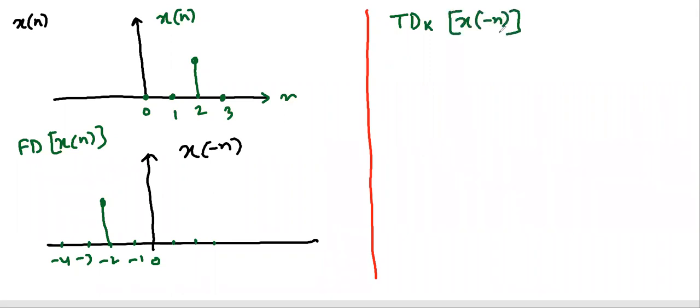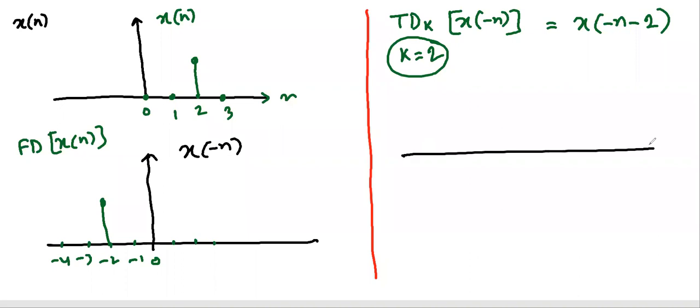That means we have already done the folding operation, so it can be written as x[-n+k]. We are shifting to the right, that means delayed by 2 samples, if k is equal to 2. In that case, how does the signal look? The signal looks like this.